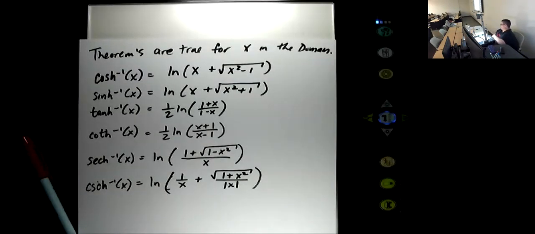Ah, that's just awful. That's the worst one ever. So those are what they can be written as. And if we write them as that, we can take the derivatives.